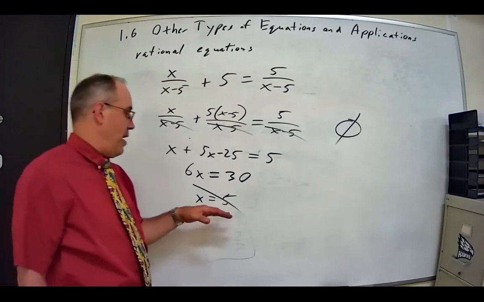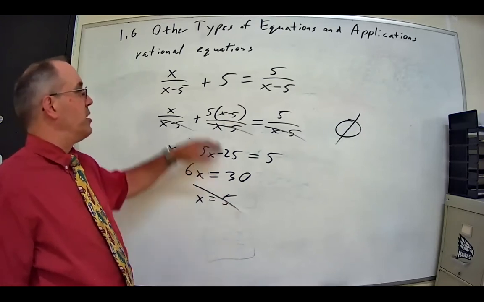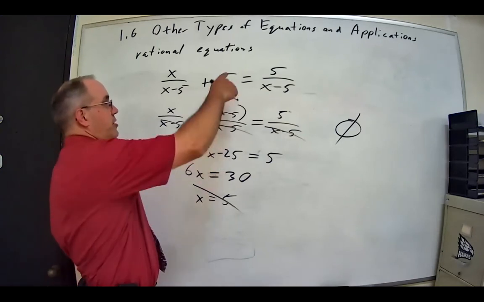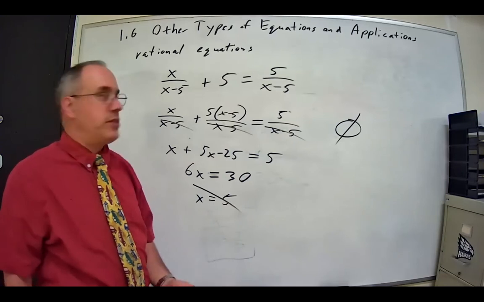But we have to make sure that we don't come up with a solution that violates the original equation. Even though these equations are equivalent, we did things that kept them equivalent.